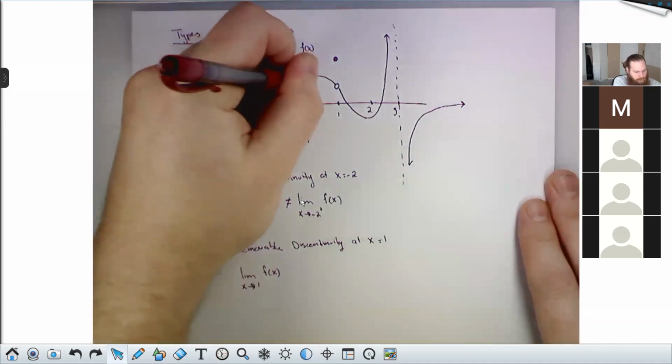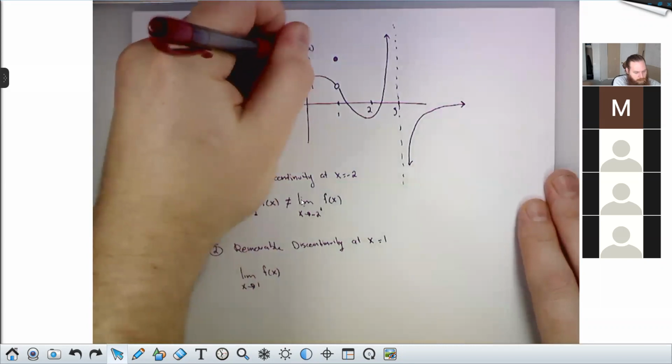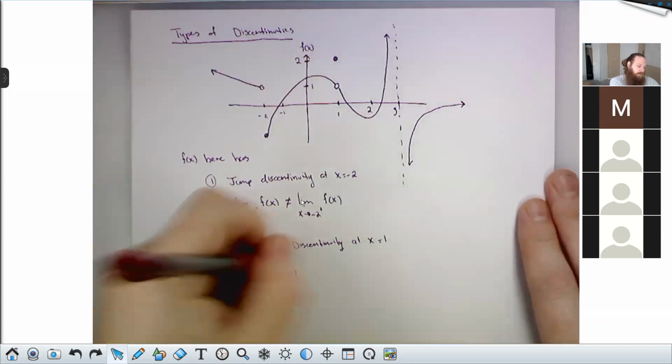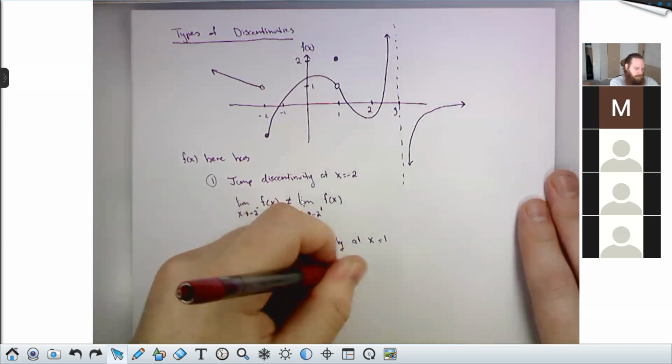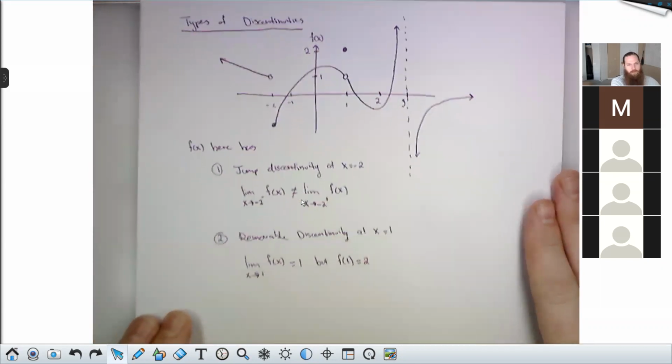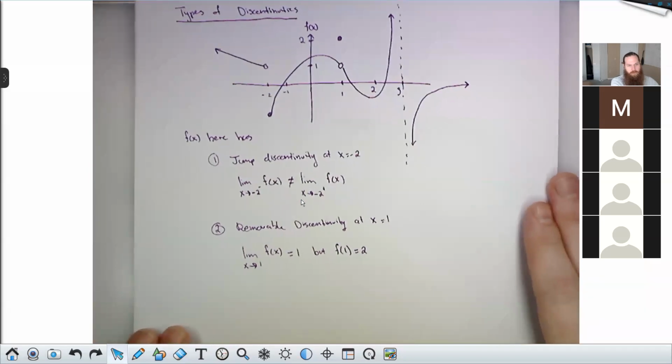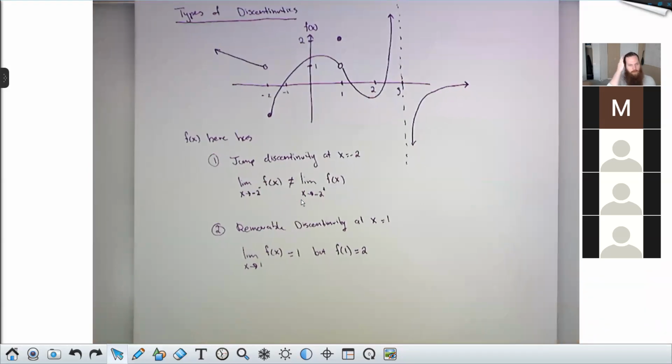Right, I'll call this 1, I'll call this 2. So the limit exists, meaning those two one-sided limits are both finite and they both agree with each other. But those two things do not agree with the value of the function.